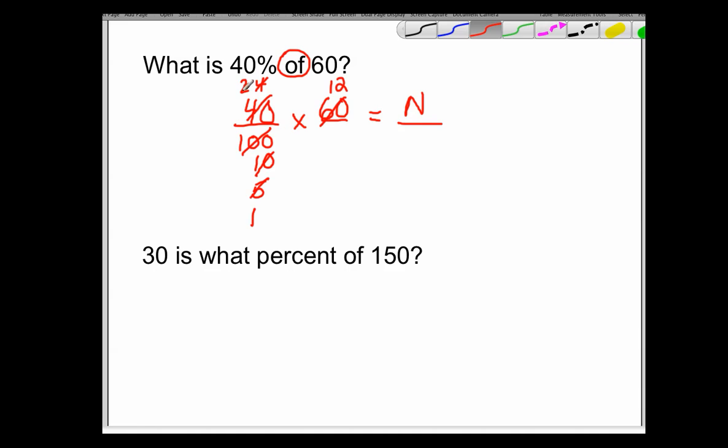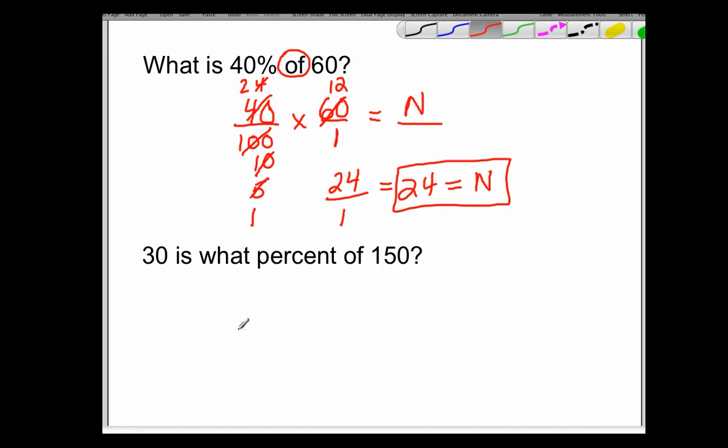Now we simply have 2 times 12 is 24 all over 1 times 1, and if there's no denominator, assume that it's 1. 1 times 1 is 1. 24 divided by 1 is 24, and therefore that must equal n. 24 equals n. Alright, let's do the next one.